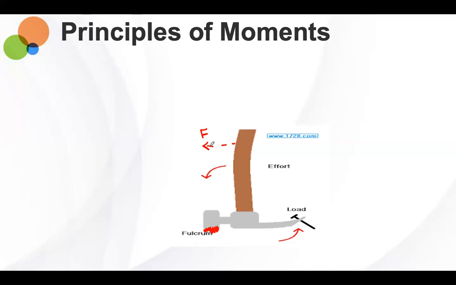So this moment has to be greater than this moment here, which is acting in this direction, so that we can pull out that load. Not too difficult, right?